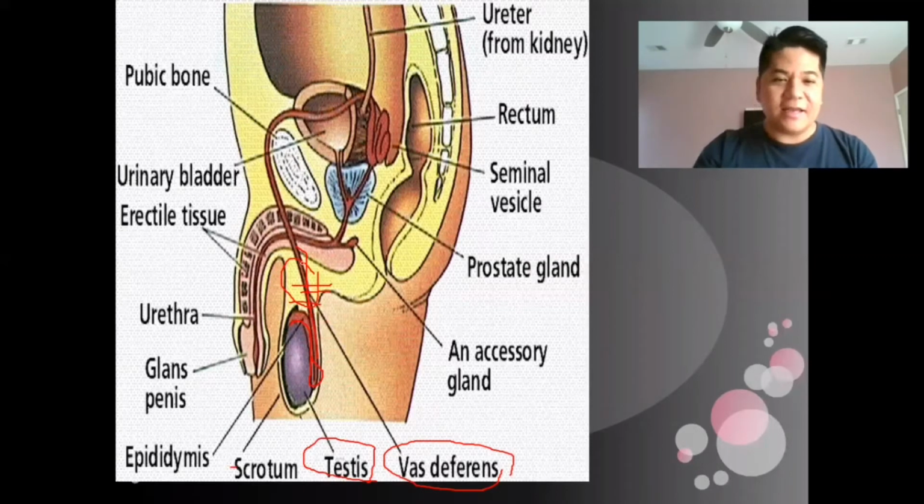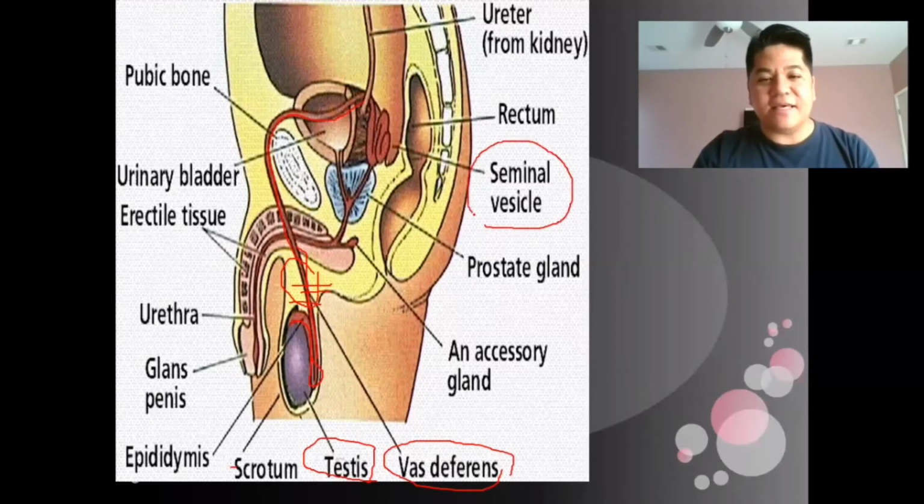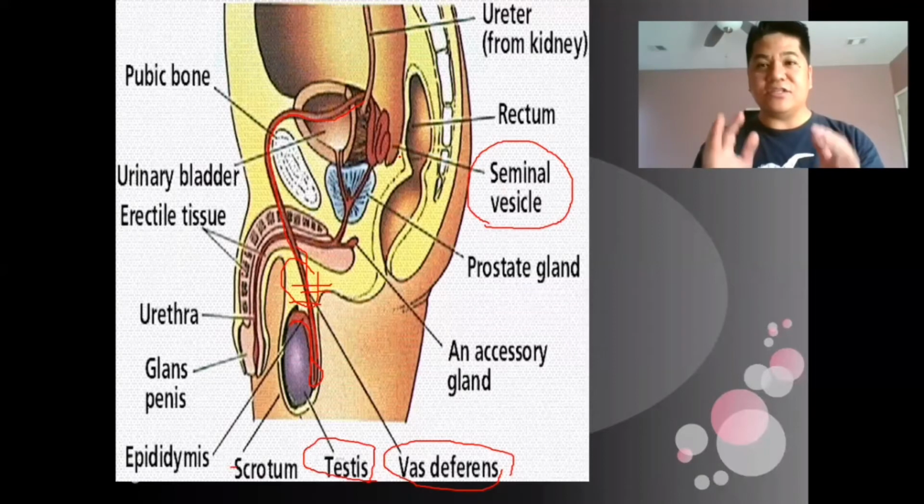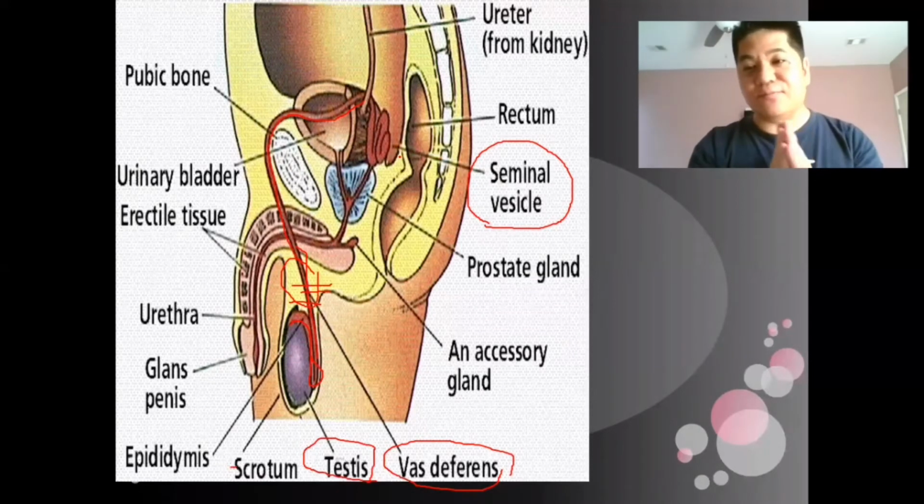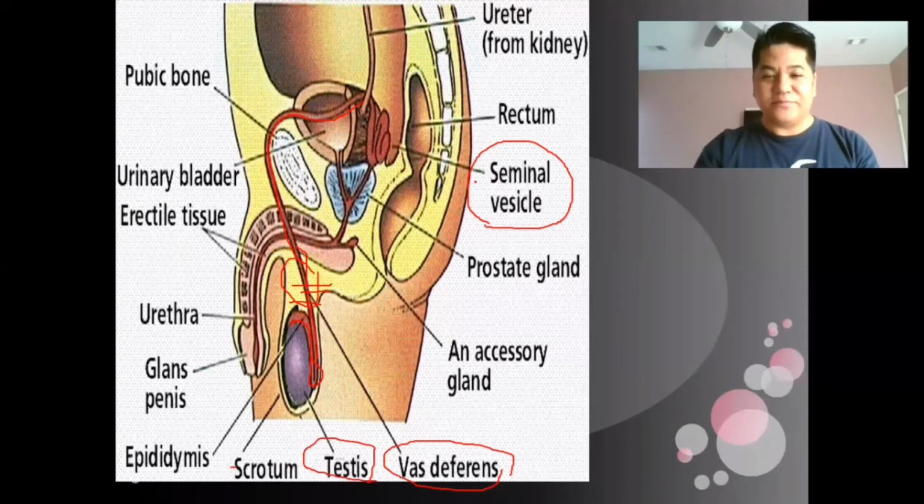Then it goes through the pathway through your seminal vesicle. This is another structure that gives additional nourishment fluid for motility of your sperm cell. They need that strength to go through your female reproductive system.